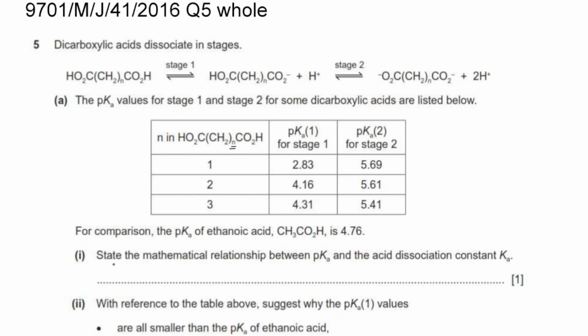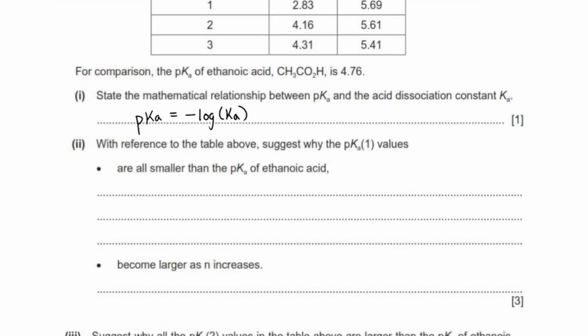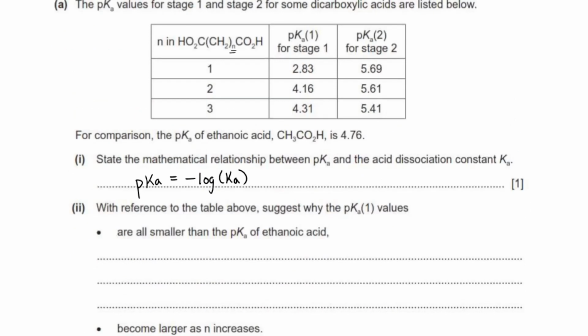We've been asked in the first part to state the mathematical relationship between pKa and Ka. So let's write it down. pKa is equal to minus log Ka. In the second part, with reference to the table above, suggest why pKa1 values are smaller than the pKa of ethanoic acid.